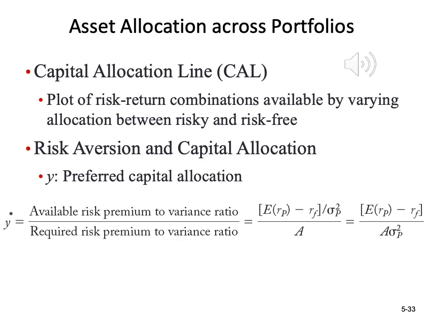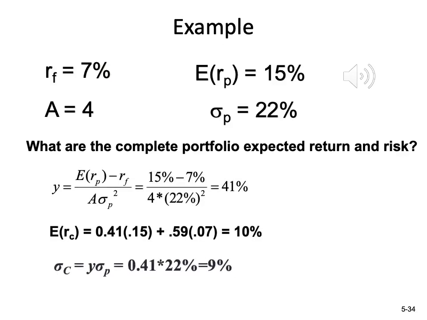In this formula, A, the risk aversion level, is a unique number to each individual investor. That is why y star, the optimal ratio you put in the risky asset, is also a unique number to each individual investor. In this chapter, for example, if we have an individual investor with risk aversion level 4, let's see the optimal proportion of money he wants to put in the risky asset.